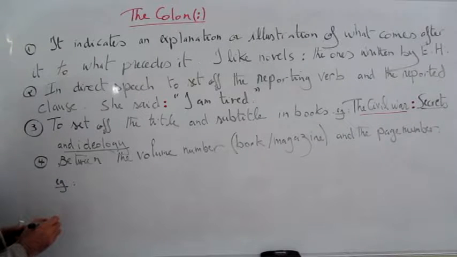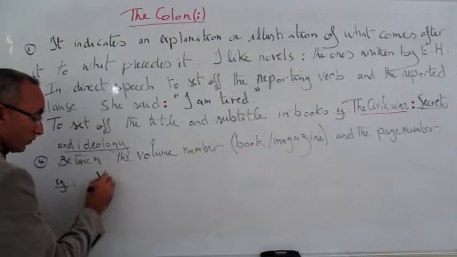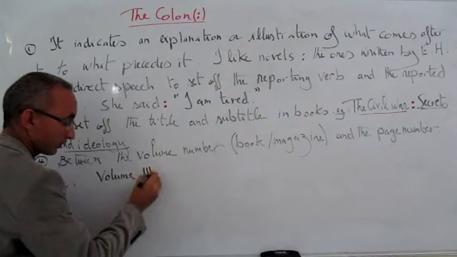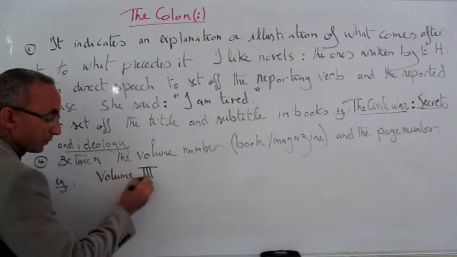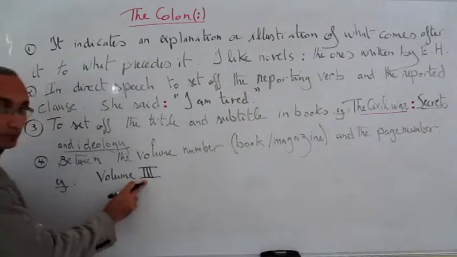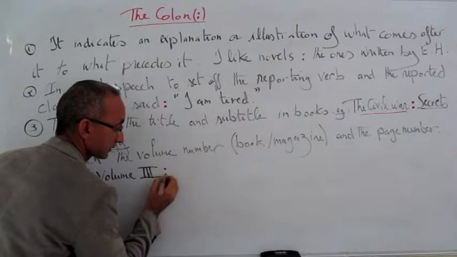Example, we have here a book taken from volume number 3, because usually volume numbers are expressed using Roman numbers. Put our colon here.